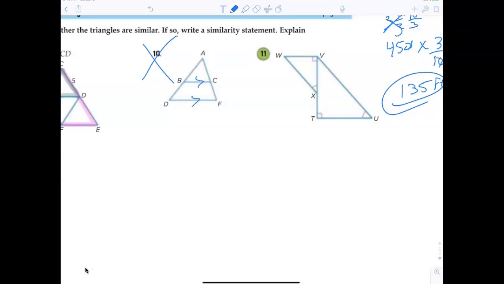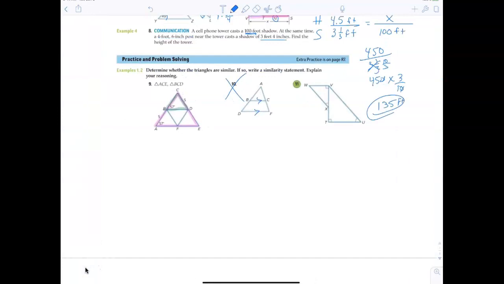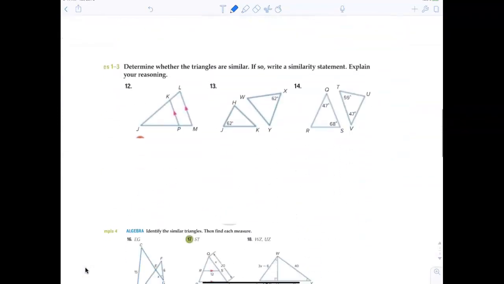Parallel to DF. Do we agree? All right, it has to be parallel. It has to be parallel. And of course, what about 11? Yes, two angles are congruent, so it's automatically similar. All right, I'm telling you, that's easy.